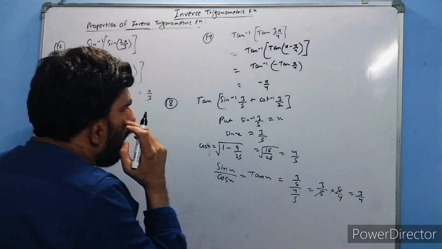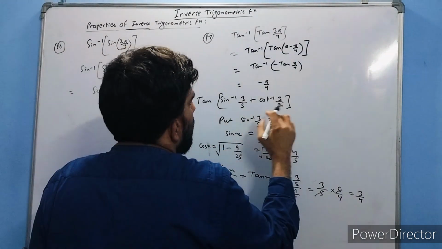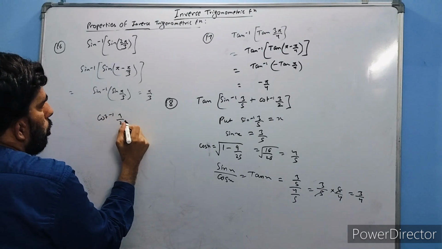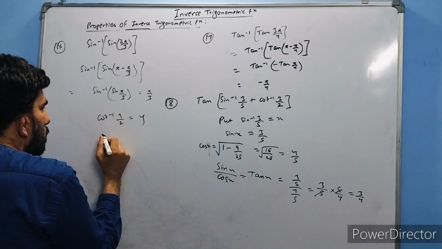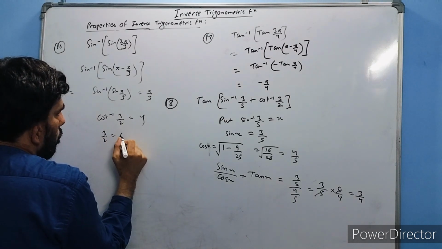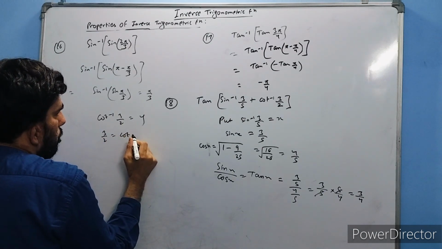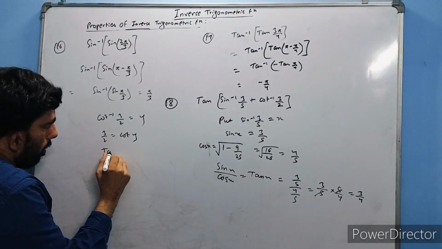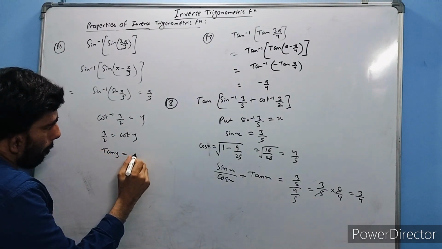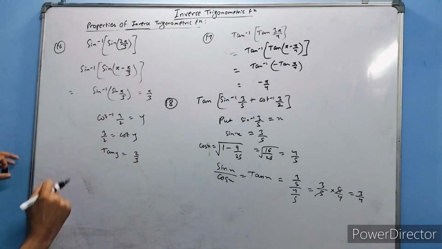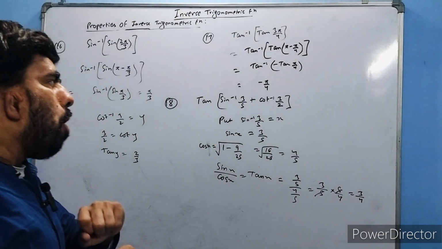And now what we can do is put this y: cot inverse 3 upon 2 is equal to y. So I got 3 by 2 is equal to cot y, so tan y will be 2 upon 3. Why have I done this? To evaluate this. How? Let us see.